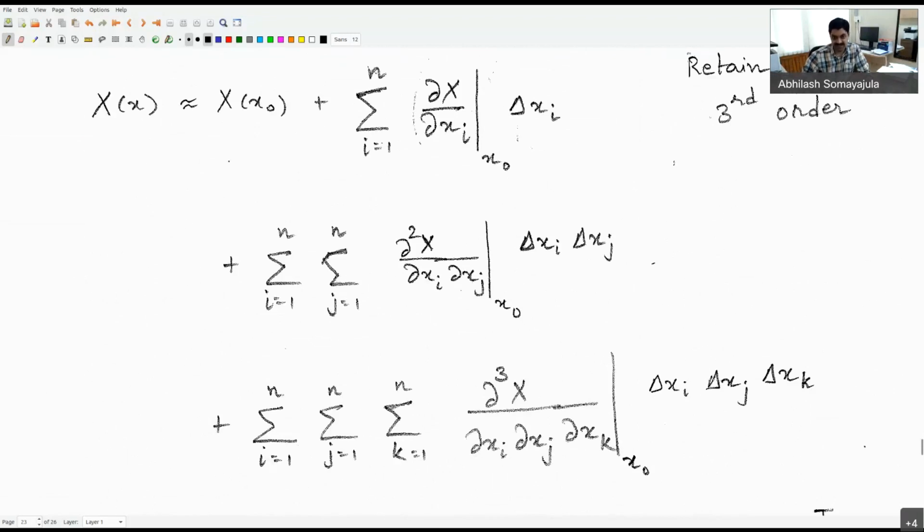And there is a mistake here. Can you spot the mistake in this page? What did I miss? It's a Taylor series expansion. What am I missing? Does it look correct?